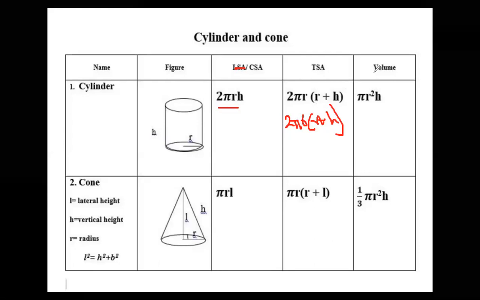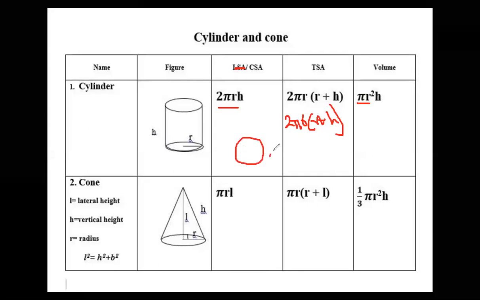Okay, so volume. What is the formula of area of circle? The area of circle is pi r square. Remember this much: here the circumference is multiplied by h, and here the area is multiplied by h. Do you remember circumference of circle or not?